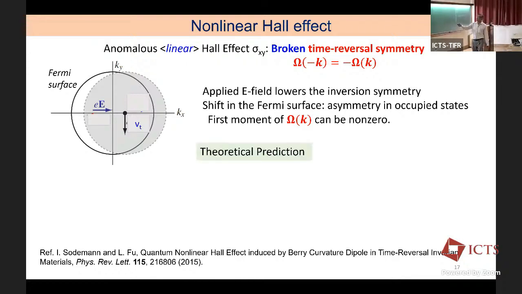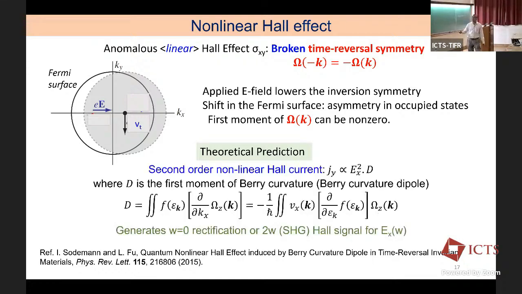As a result, the first moment of Berry curvature can be non-zero, and a theoretical prediction showed that second-order nonlinear Hall current, Jy, is proportional to Ex squared, so second order in electric field along x direction, times the Berry curvature dipole, which is essentially the first moment of Berry curvature in reciprocal space. And this naturally, like nonlinear optics, generates DC current, like rectification, as well as second harmonic generation in the Hall signal in response to electric field along x direction.